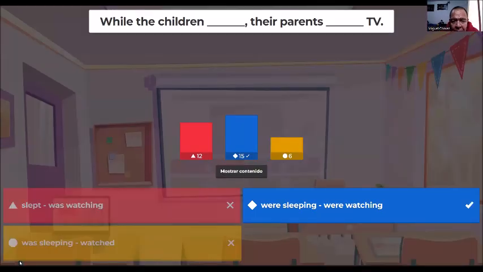While the children were sleeping, their parents were watching TV. In this sentence, we have two activities taking place simultaneously.